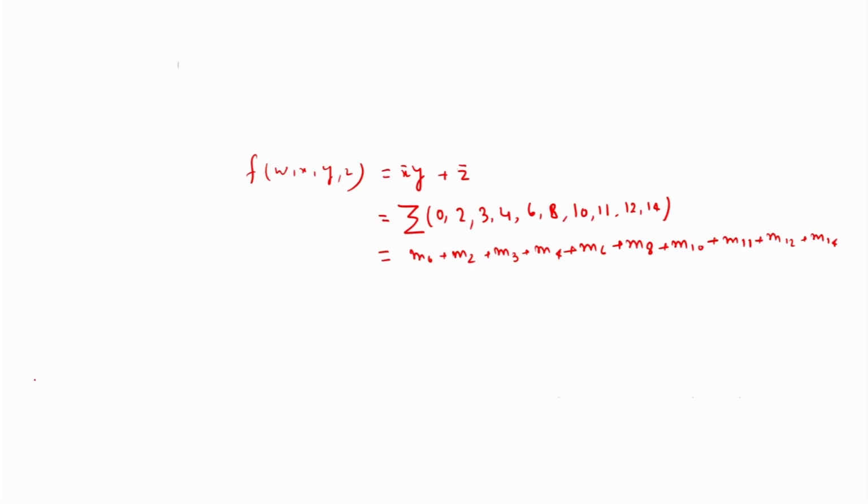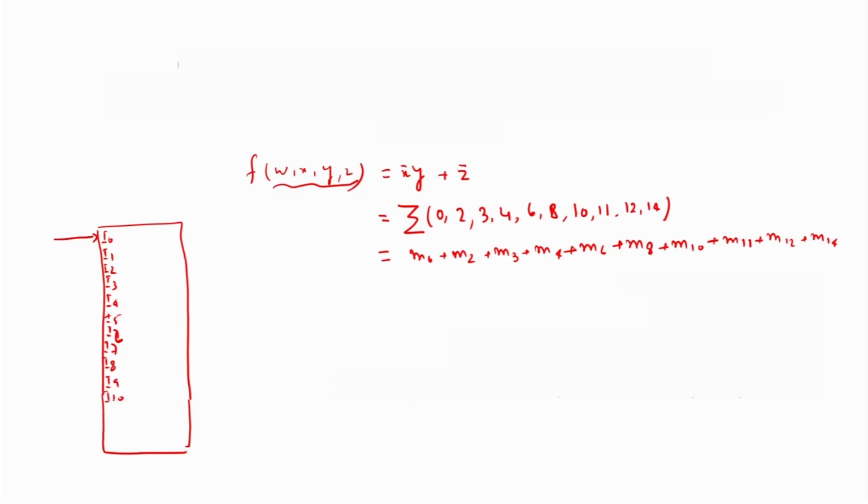Let us suppose there are 4 Boolean variables to represent this function. This means in the general way of representing it through a multiplexer, we take a multiplexer of size 16 cross 1. That means there are inputs I0, I1, I2, I3, I4, I5, I6, I7, I8, I9, I10, I11, I12, I13, I14 and I15.